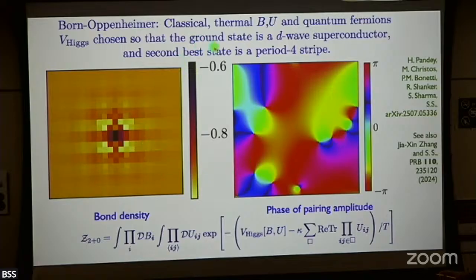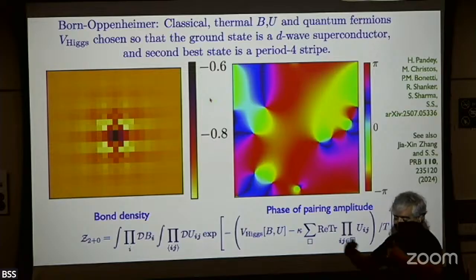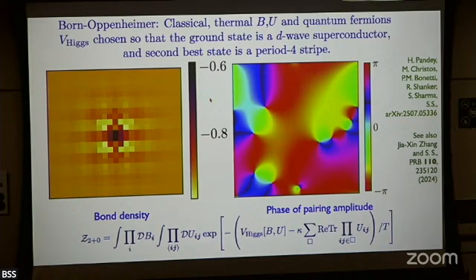It's coming because we chose parameters so the next best state is a period 4 stripe. At the core of the vortex, when the d-wave goes away, you get the charge density wave appearing. You have enough parameters to get almost anything you want, but it's completely natural. There's no way to avoid something else appearing, which is the difference from Landau theory. In Landau theory, you can certainly have a set of parameters where nothing appears. Here that's not possible. It's demanded by the pi flux that these bosons feel.